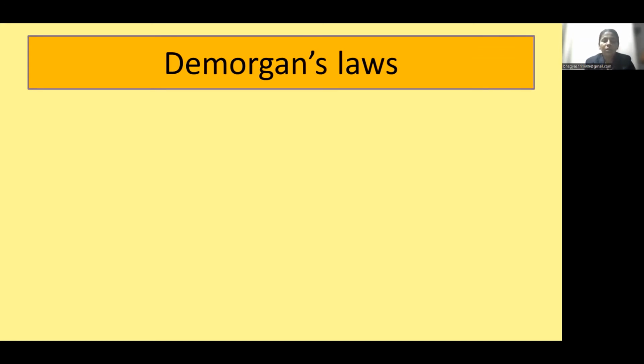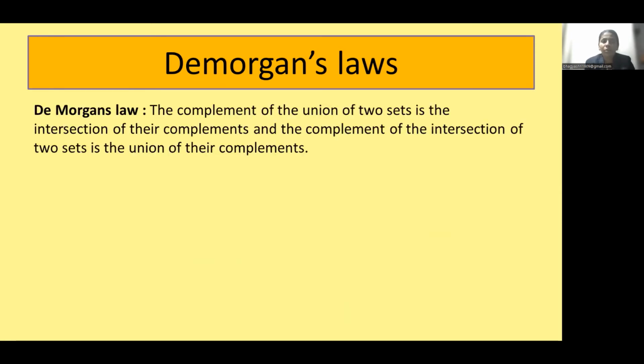The law states that the complement of the union of two sets is the intersection of their complements, and the complement of the intersection of two sets is the union of their complements.